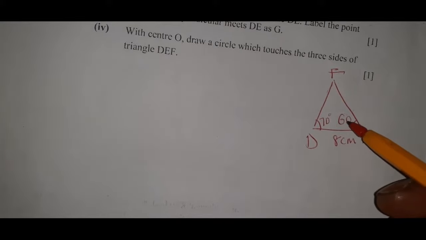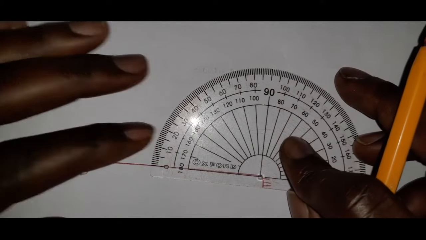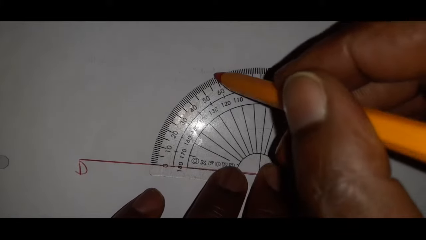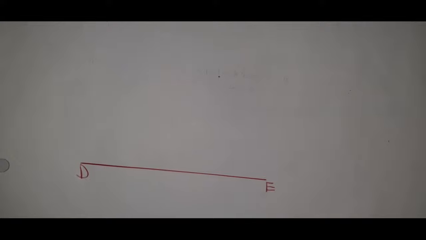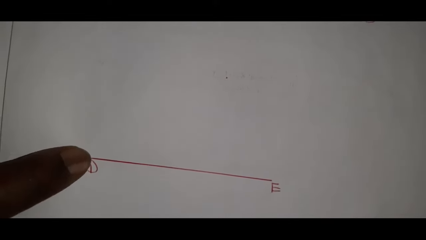The angle here is supposed to be 60, so you need to measure. How do we measure? You need to make sure that it's like this. So 60 degrees, where is it? I'm sure you can see that it's here. You should take note of that. Then we also come and measure this one here. This is supposed to be 70.